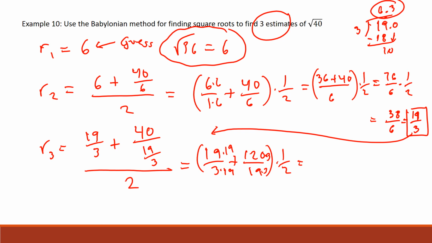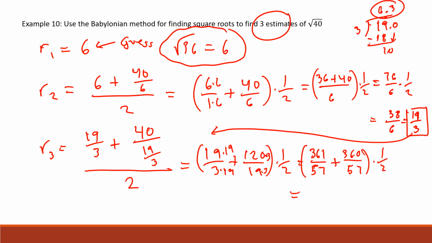19 times 19 is 361. You all know what 3 times 19 is. You probably learned that in elementary school. That's 57. 120 times 3, that's 360. Also divided by 57, all times 1/2.